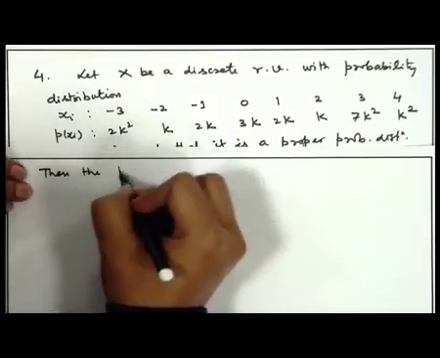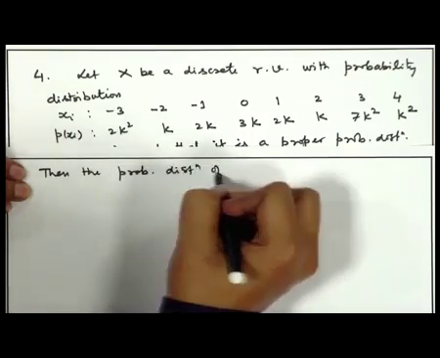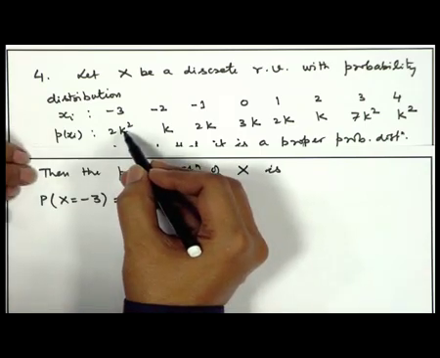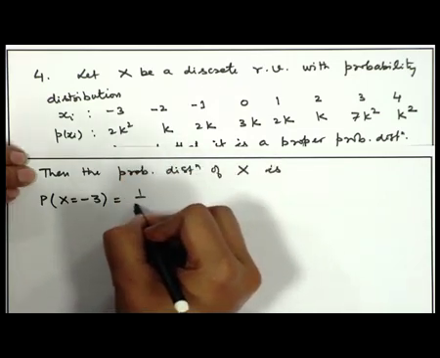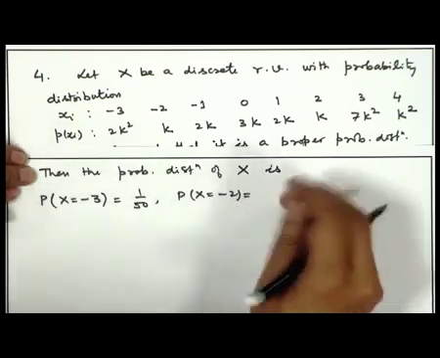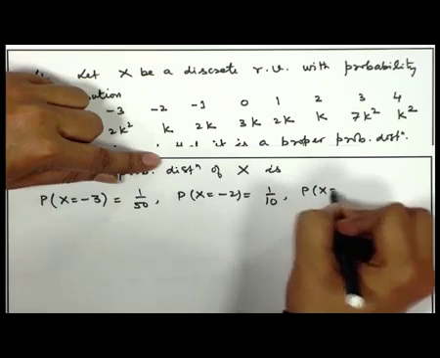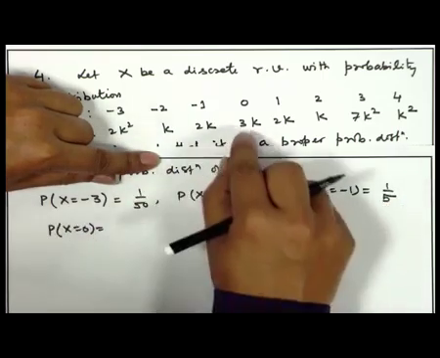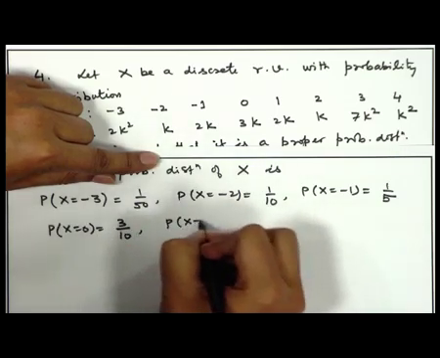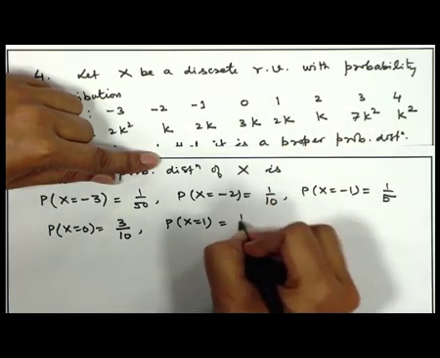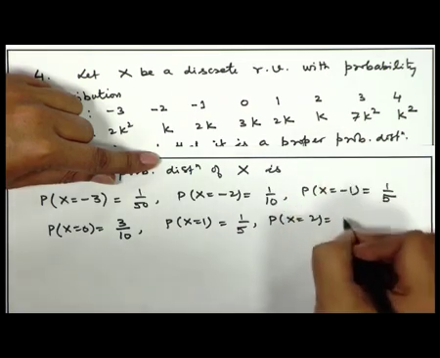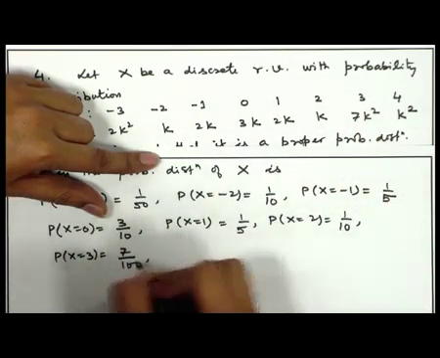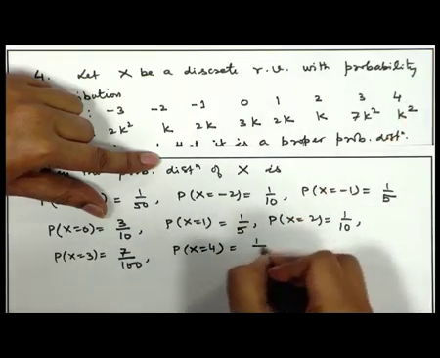The probability distribution of x is: probability x equal to -3 is 2 into (1/10)², so it becomes 1/50. The probability x equal to -2 is k, that is 1/10. Probability x equal to -1 is 2k, that is 2/10, that is 1/5. Probability x equal to 0 is 3k, that is 3/10. Probability x equal to 1 is 2 into 1/10, that is 1/5. Probability x equal to 2 is k, that is 1/10, and the probability x equal to 3 is 7k², so that becomes 7/100, and probability x equal to 4 is k², that is 1/100.